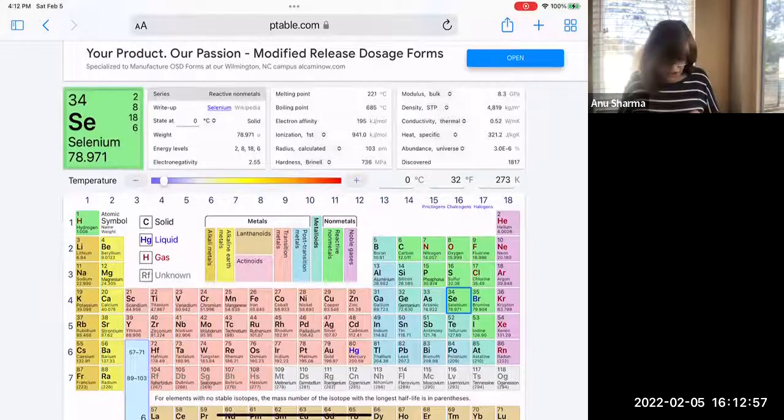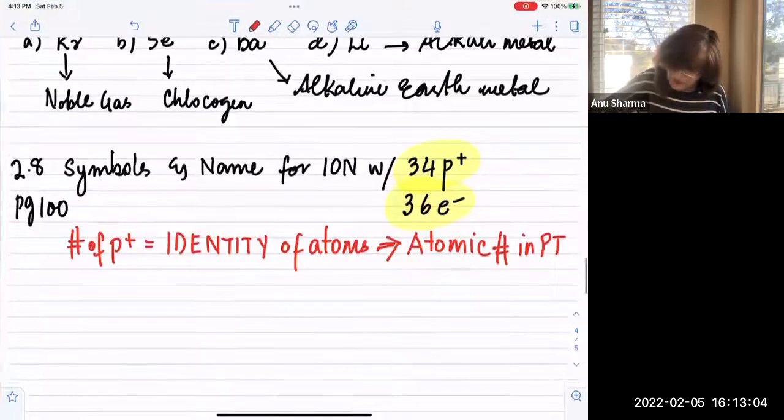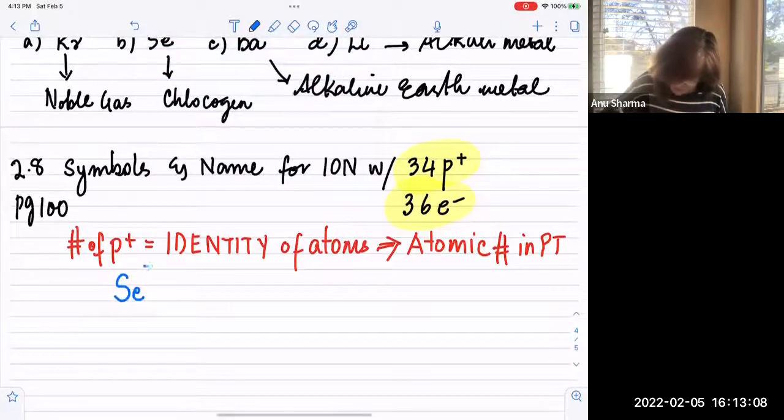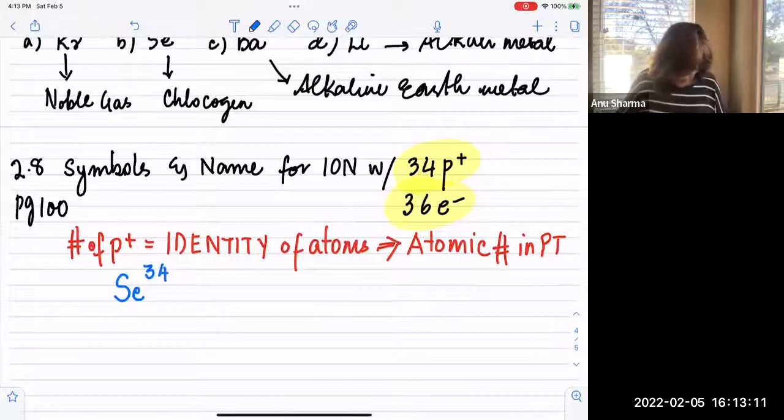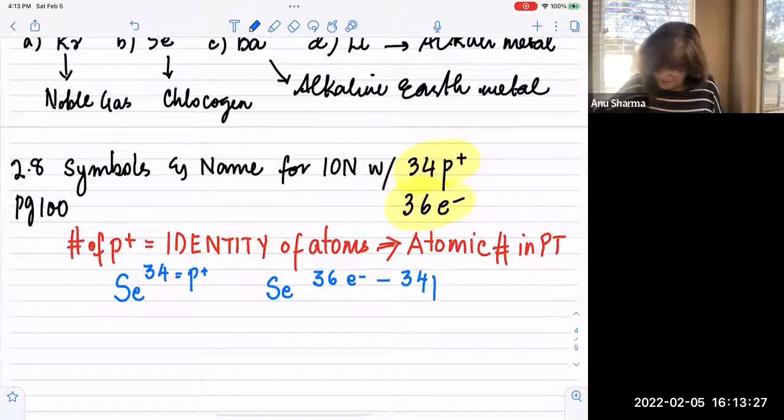So that's one identity. Next, there are 36 electrons. Let's go back and write this down. We got selenium, and the atomic number, 34, is the number of protons, but the number of electrons is 36. 36 electrons minus 34 protons, the difference is 2.